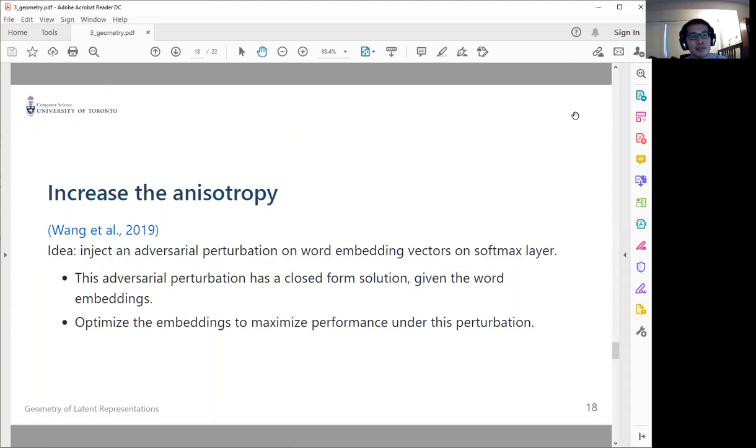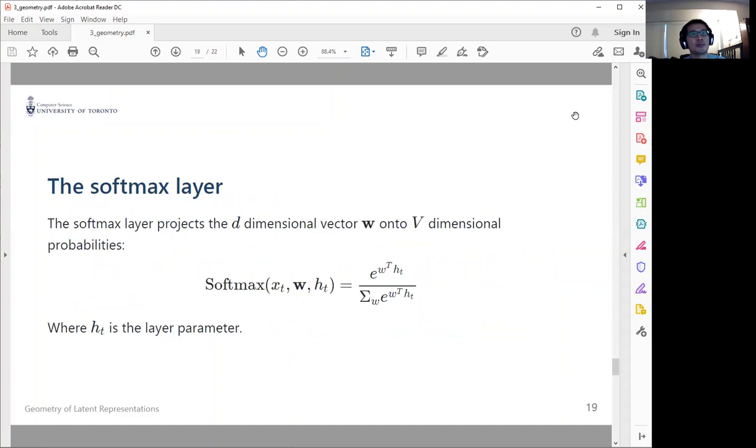And they optimize the embeddings to maximize the performance under this perturbation. So this is a very fast method, and according to the authors, this is embarrassingly simple, but they have very good performances.